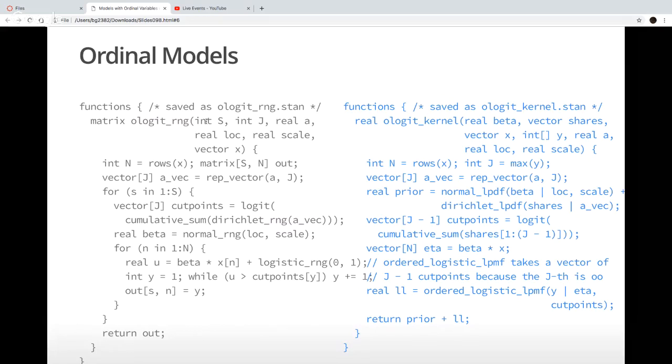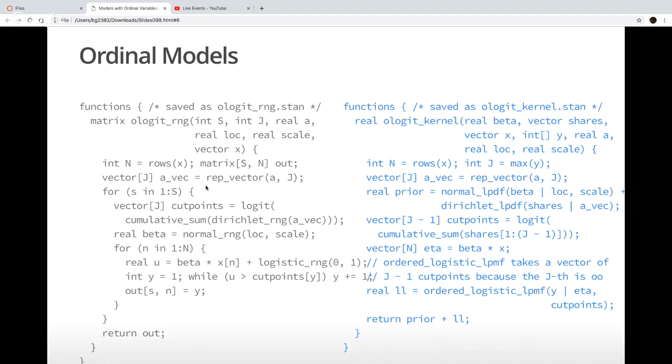We're going to have a concentration parameter A that's going to go into a Dirichlet prior. We have a location and scale that's going to go into a normal prior on the coefficient. And we have some continuous X variable that we're going to be predicting with. Obviously, we can do this with more than one X predictor. So we figure out how many observations we're going to have from the size of X. Then we make a matrix to hold our prior predicted distributions that's going to be pulled out at the end.